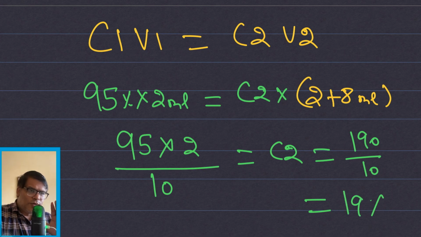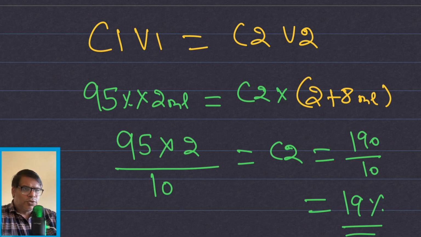So in this numerical problem, you added 8 ml water to 2 ml of 95% ethanol solution. You have diluted the solution. The final concentration of the ethanol is now 19%. You just have to use the relation C1 V1 is equal to C2 V2.